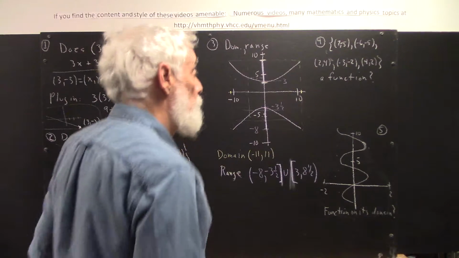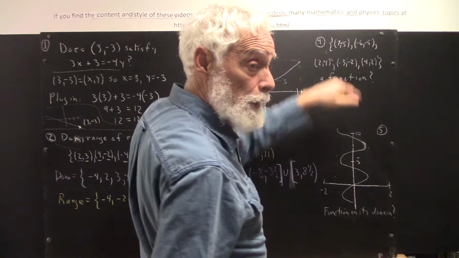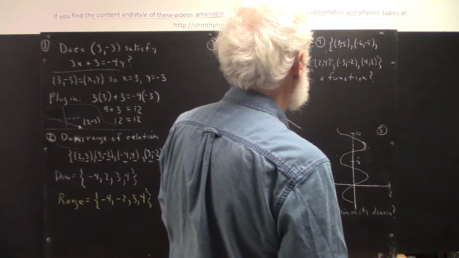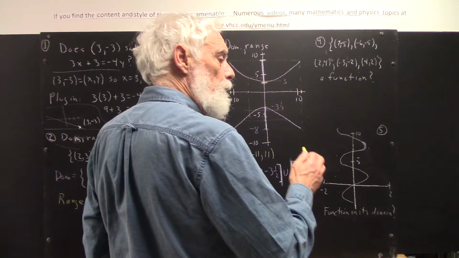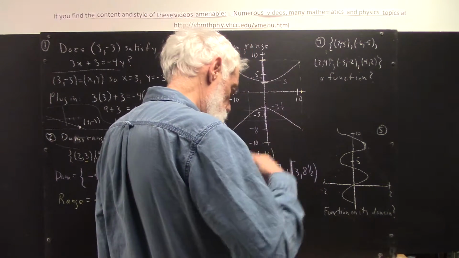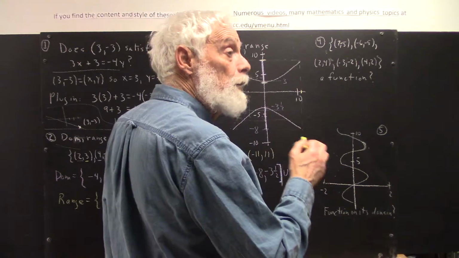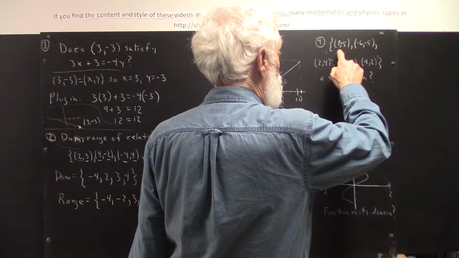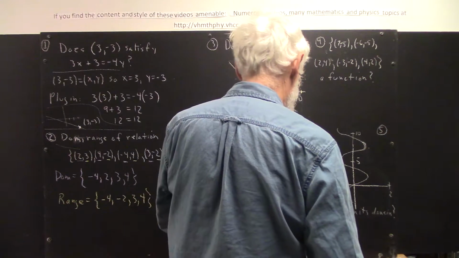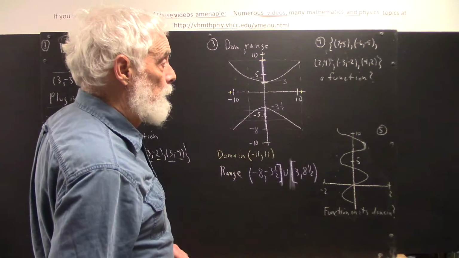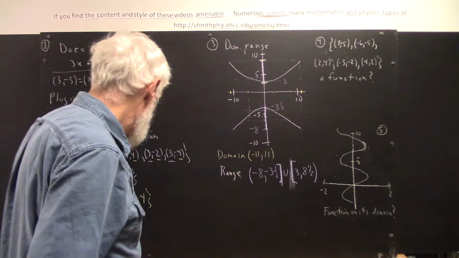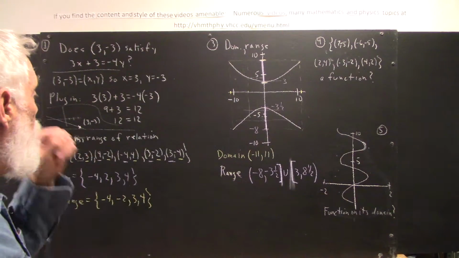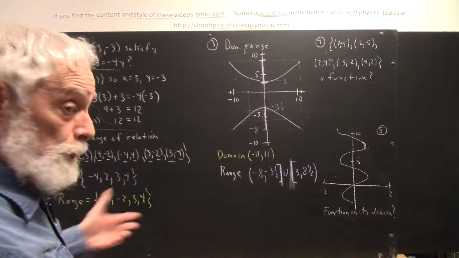On the fourth one, we want to know if this relation here is a function. The only thing necessary for a relation to be a function is that you have just one answer to what's the value of y that goes with this value of x. To give you an example of something that isn't a function, because it turns out that this one is, let's go back to this relation. This relation is not a function because if I say, okay, x is 3, what's y?